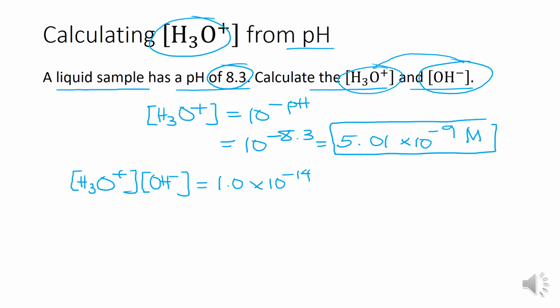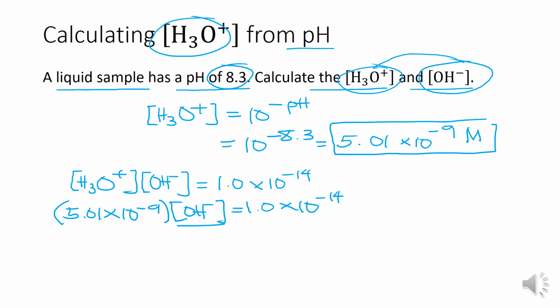So let's plug in the calculated concentration of hydronium ions, so 5.01 times 10 to the negative 9 times the concentration of hydroxide ions, that is the unknown, equal to the constant 1 times 10 to the negative 14. So to solve for the hydroxide ion concentration, we have to eliminate this number from the left side. So let's divide both sides by that number.